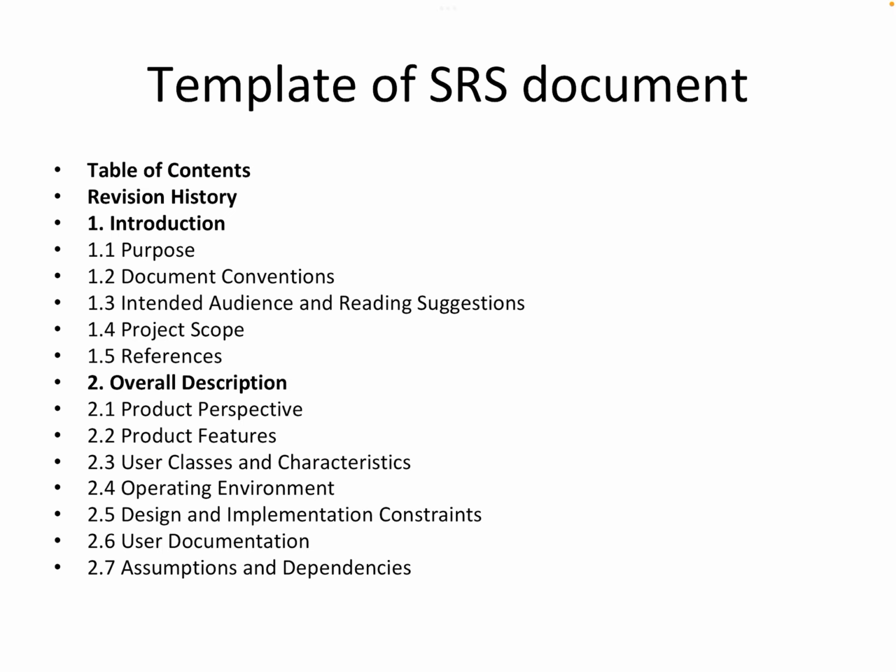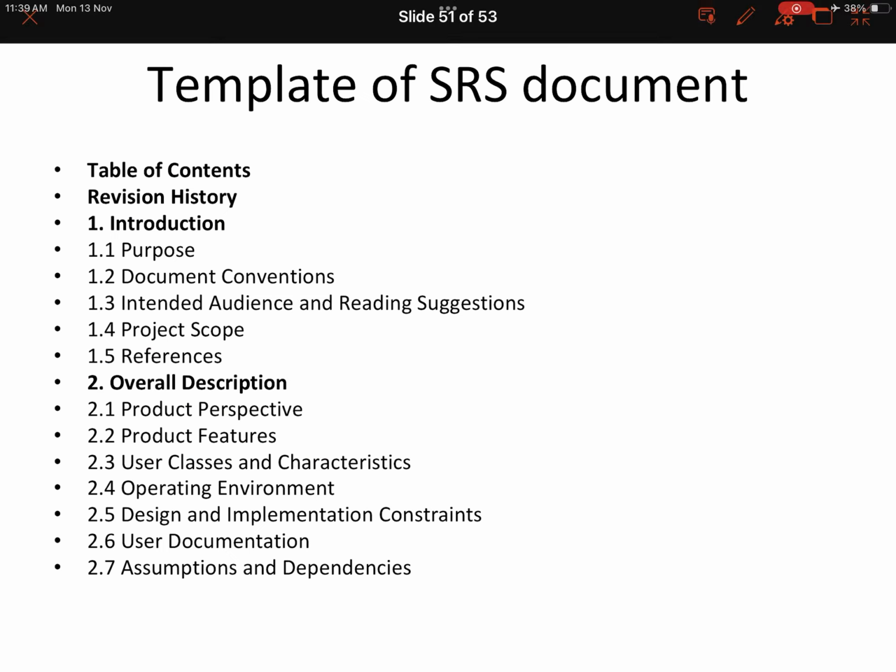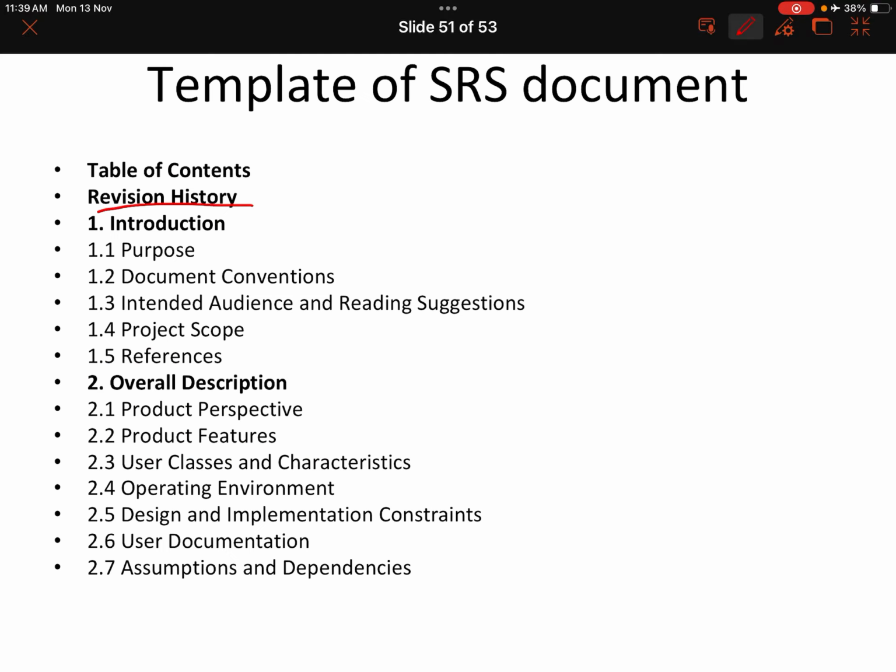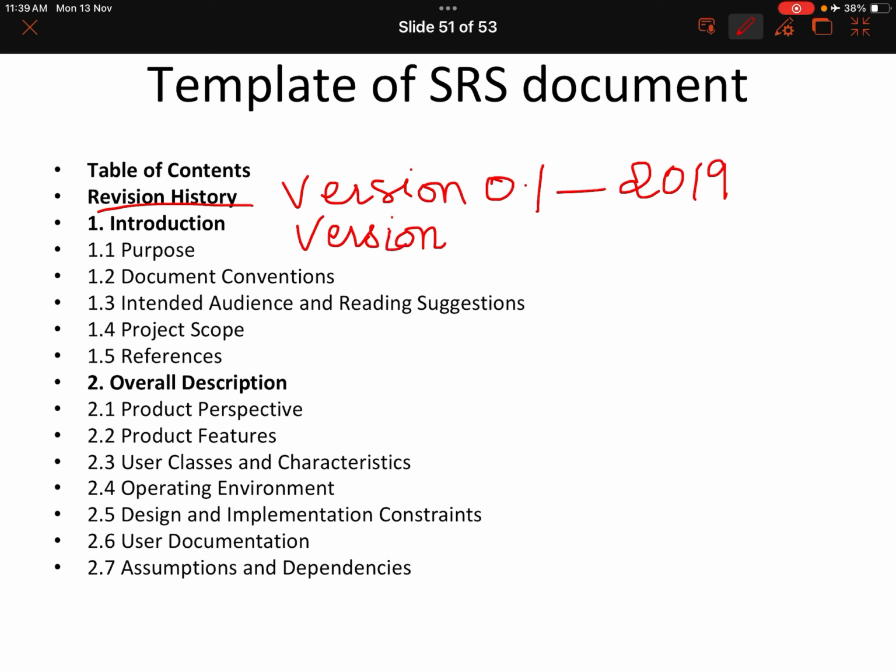So what is a template of SRS? In the template of SRS, you will first have the table of contents, then revision history. Why revision history? Suppose I had created version 0.1 in the year 2019, and now there are some requirements which the customer has said and I have to enhance the system.